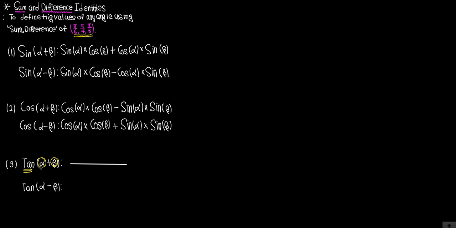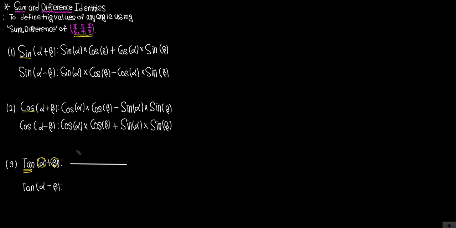But since we know that the tangent, originally, if you're not thinking of the sum and difference, is a proportion between the sine and the cosine, when we're thinking of ratios, we always like to write it in terms of fractions.